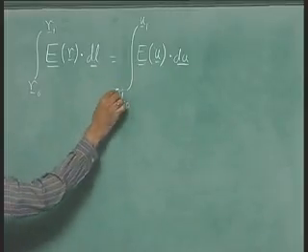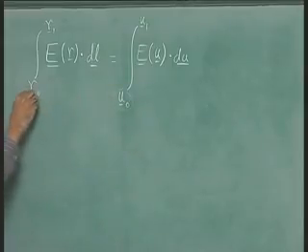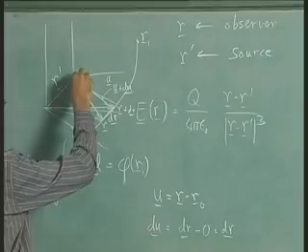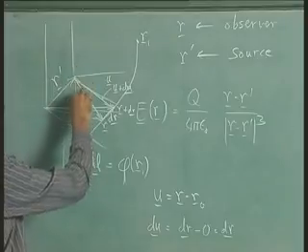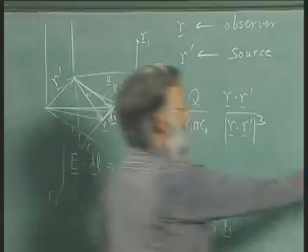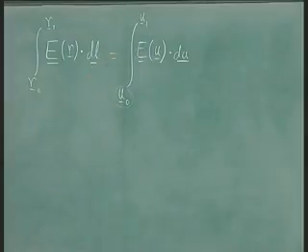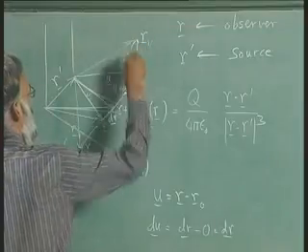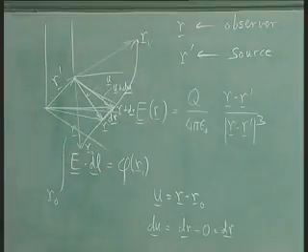U naught is nothing but r naught in the u coordinate system, that is, it is this vector starting from this origin to r naught, and u1 is this vector starting from the new origin to r1.